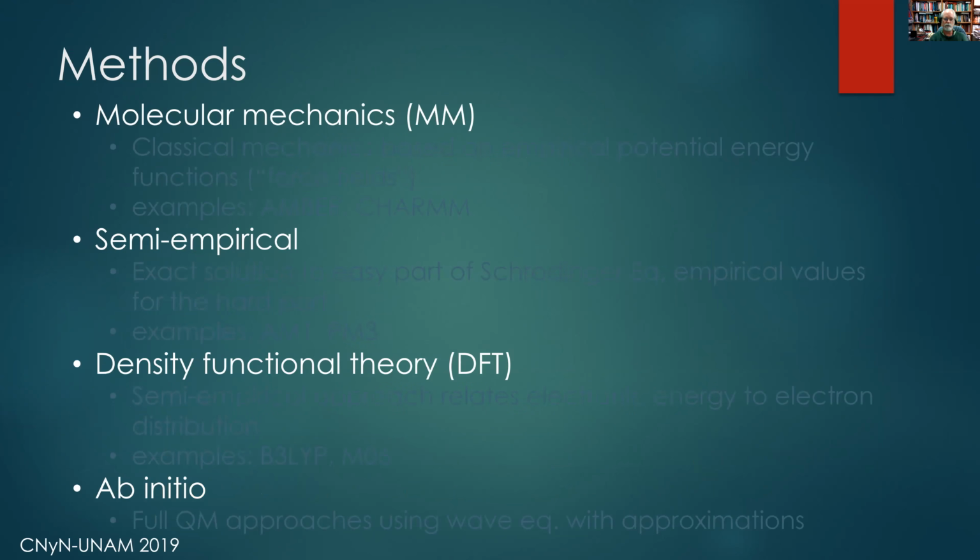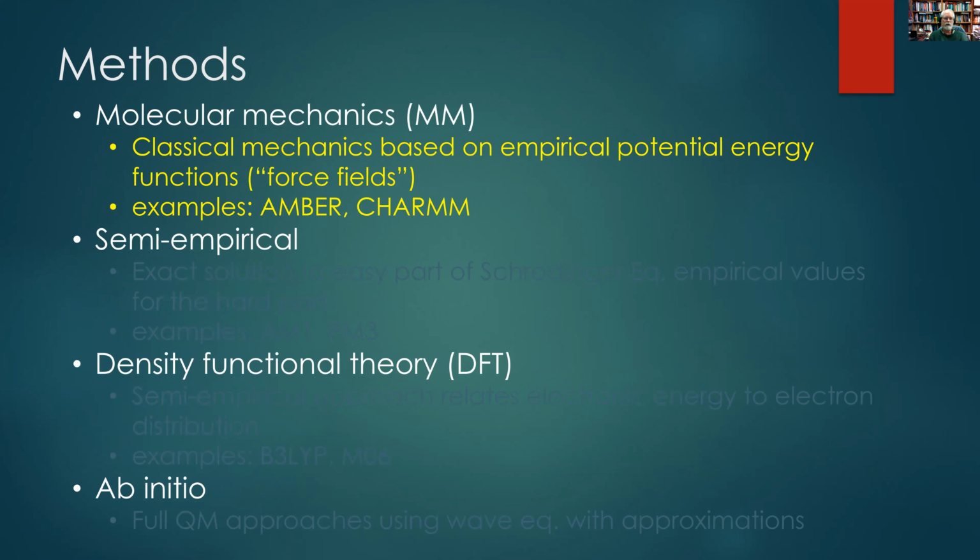A quick survey of methods that we can use for these electronic structure calculations. Molecular mechanics, I shouldn't really call an electronic structure method, but the goal is the same. It's generally to predict properties and relative energies of systems.